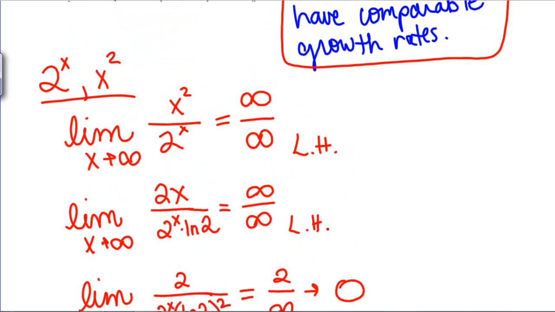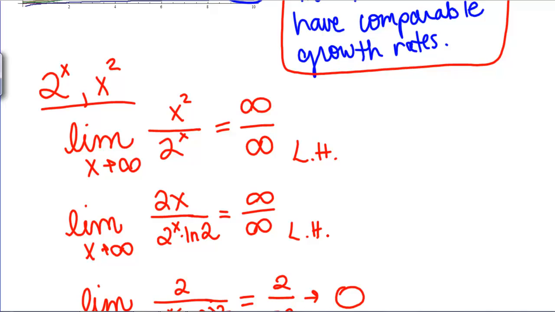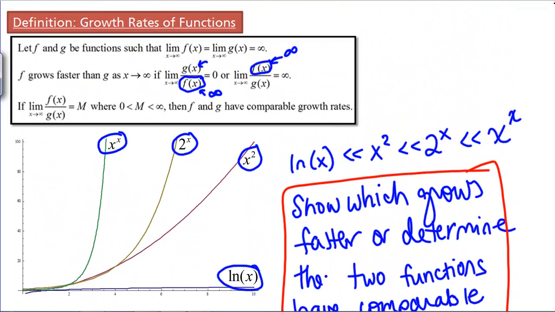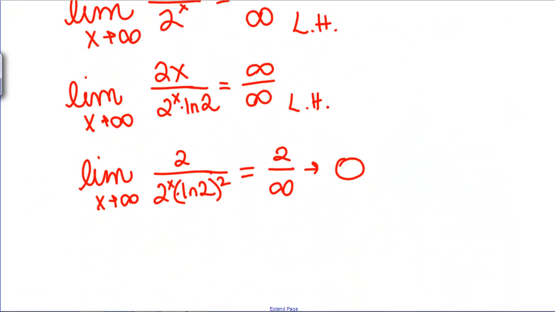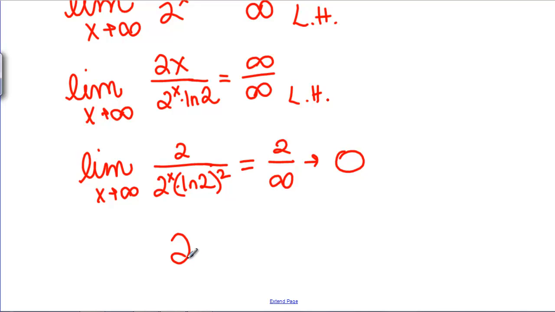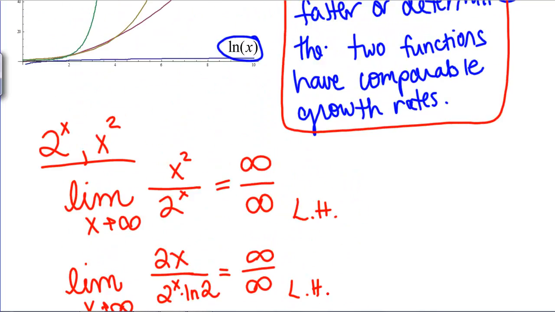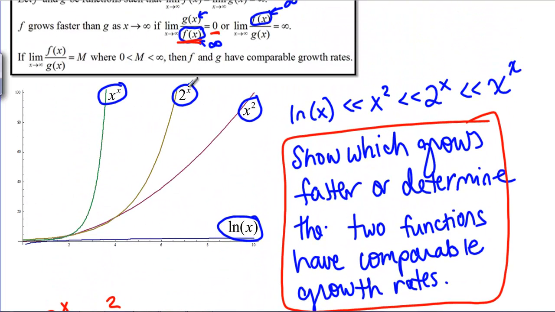So our original limit was actually 0. Going back to the definition, if the limit equals 0, that means the one on the bottom grows faster. So we can say that 2 to the x grows faster than x squared, and if we look at the graph, 2 to the x is growing faster than x squared.